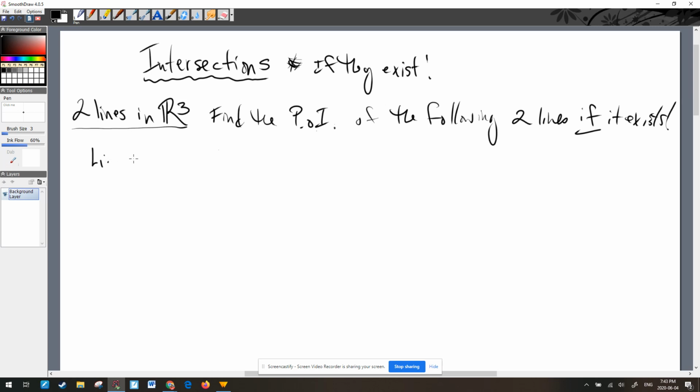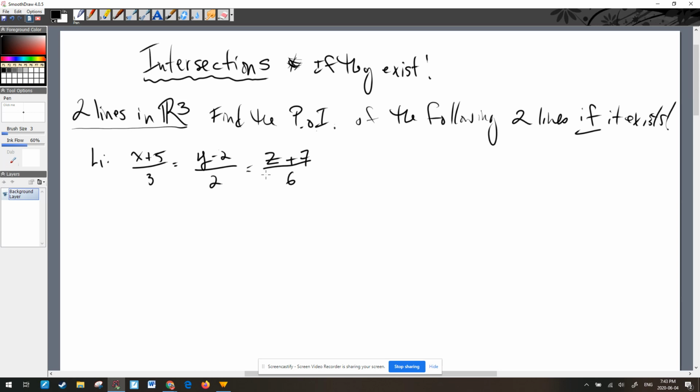I'm going to give you lines in symmetric form to begin with, just because it's a good exercise. So we have (x plus 5) over 3 equals (y minus 2) over 2 equals (z plus 7) over 6.